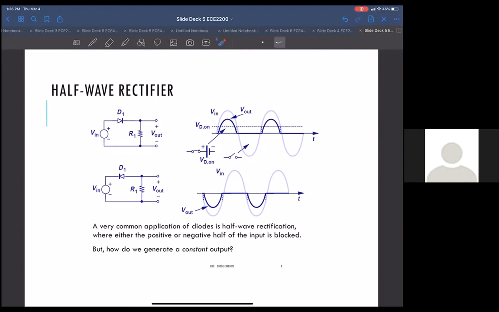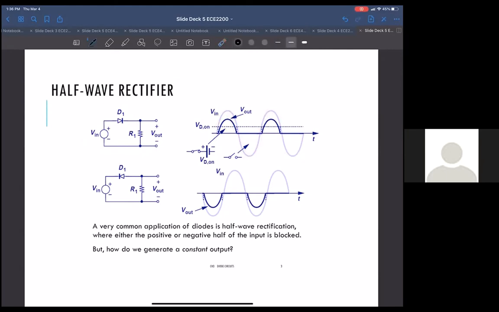So I think we've looked at this circuit a couple of times, and what it does is if you have a Vin that's sinusoidal with time, what this diode does is it turns on.